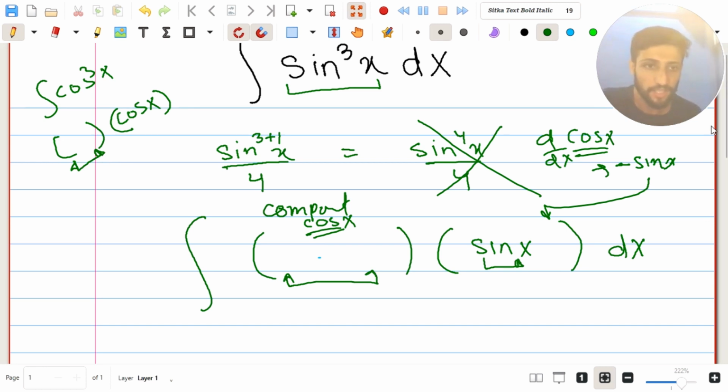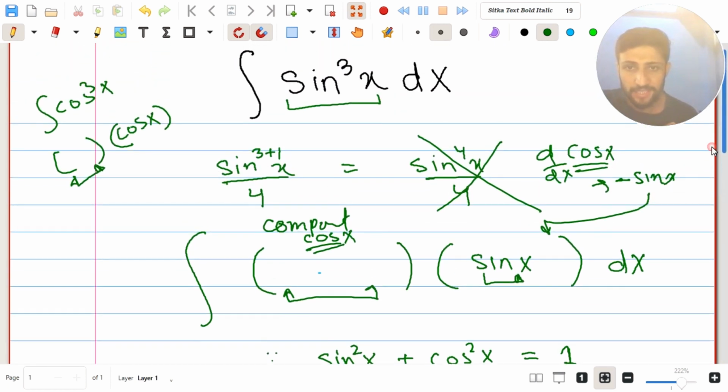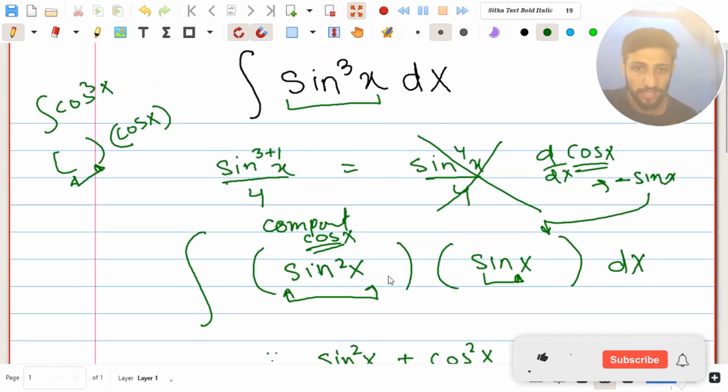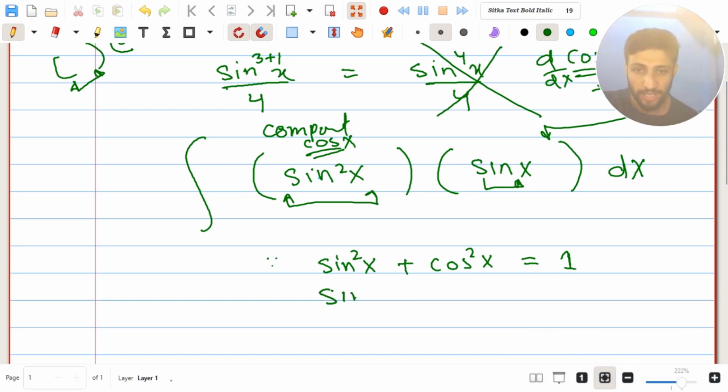I have a very nice identity, that is sin squared x plus cos squared x equals 1. If I write this sin cubed x as sin squared x into sin of x, then I can use this trigonometric identity to find the value of sin squared x.